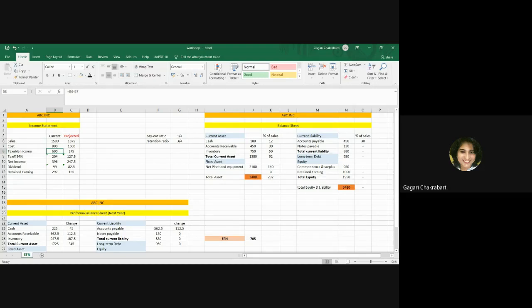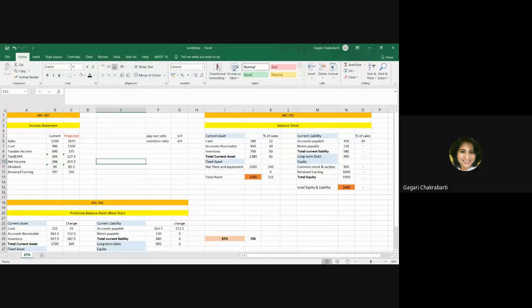So within this cost, you have everything. So taxable income, the sales minus the cost. We have a tax of 34%. That's once again, we're assuming it to be 34%. So that is the tax. And you have a net income. Okay? So the net income is taxable income minus the taxes.